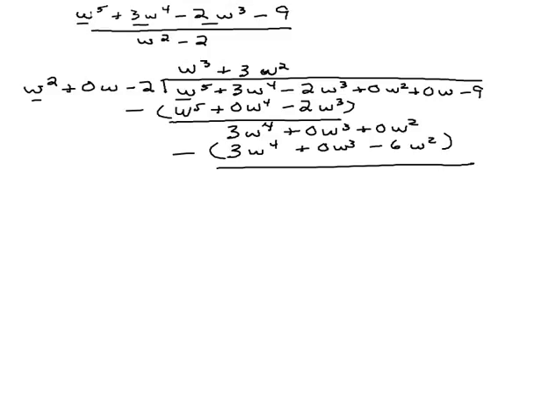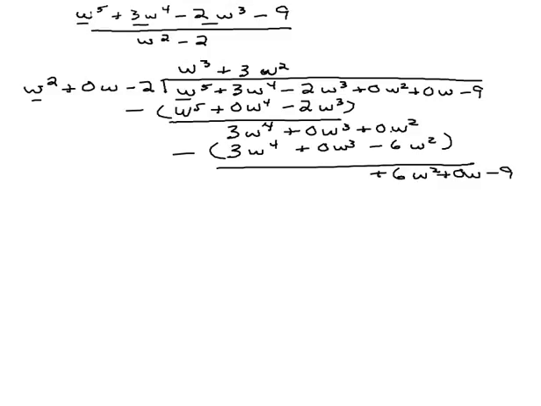And then 0w squared minus a negative 6w squared, that's plus 6w squared. Again, we're going to have to bring down both of the last terms, plus 0w minus 9.